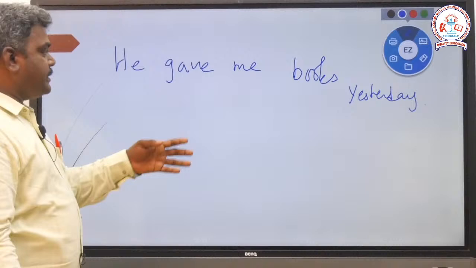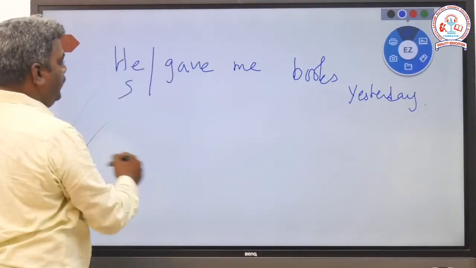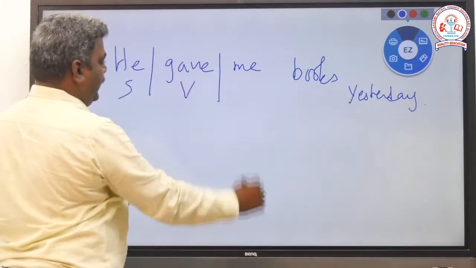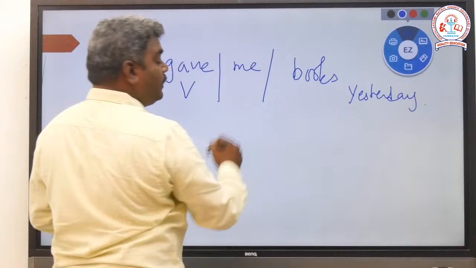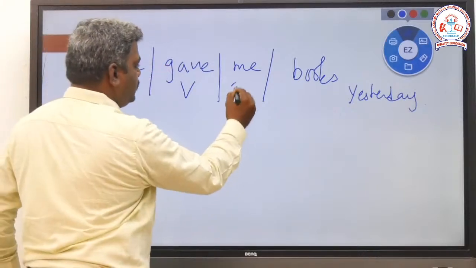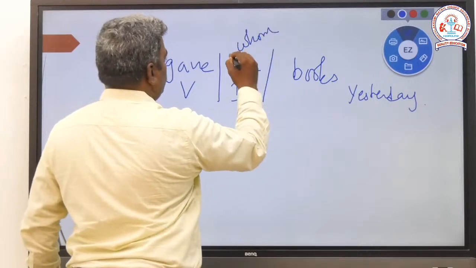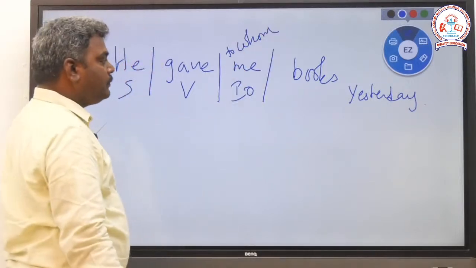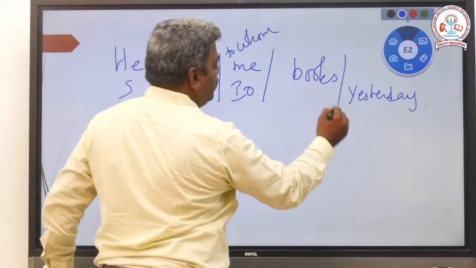He gave me books yesterday. So, what is the subject here? He. What is the verb here? Gave. What is the remaining thing? Me. This is IO because it answers the question to whom. What did he give me?